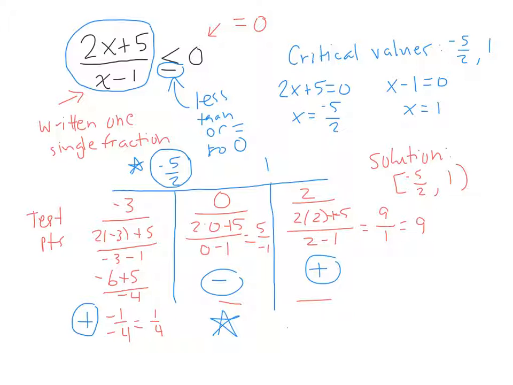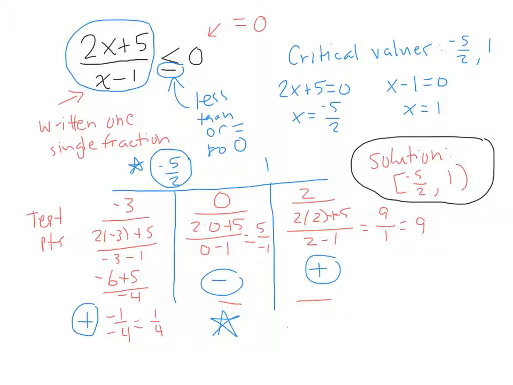Why can't we include 1? Well, 1 is not going to work whether it can equal 0 or not, because the 1 is going to make that rational expression undefined, so we can't use 1 either way. So there is our final solution, and that's what we do using a sign chart.